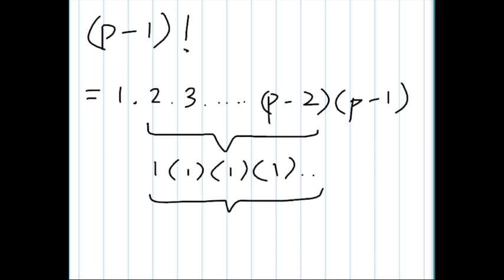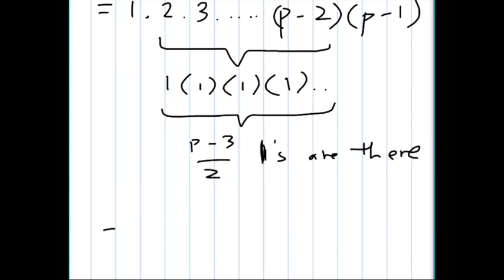The number of pairs we have, so p minus 3 over 2 ones, and 1 times 1 times 1 is just 1. So we are left with 1 times p minus 1, mod p.